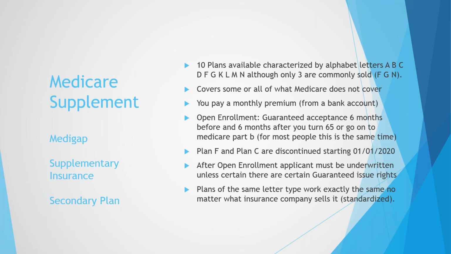During open enrollment, which is typically turning 65, there's guaranteed acceptance 6 months before, which I don't even know why we even say that, because the policy doesn't go into effect until the day of their birthday. So really the 6 months before is just securing the rate. I don't know why they say it that way, but guaranteed acceptance is 6 months after their 65th birthday.